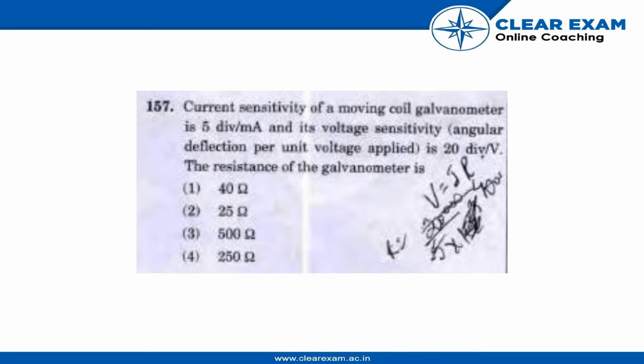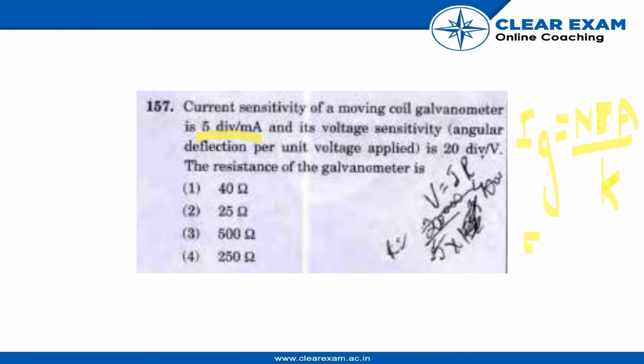So in order to find this, first we have to find out the current sensitivity. So the current sensitivity will be Ig equal to NBA upon K. So the value for NBA is 5 divisions.